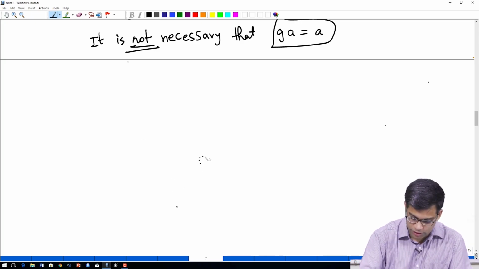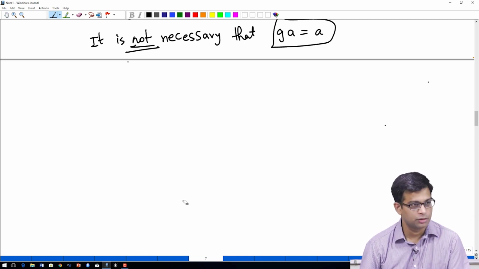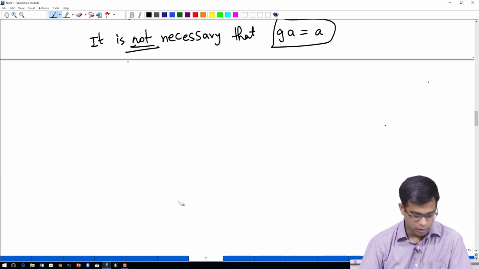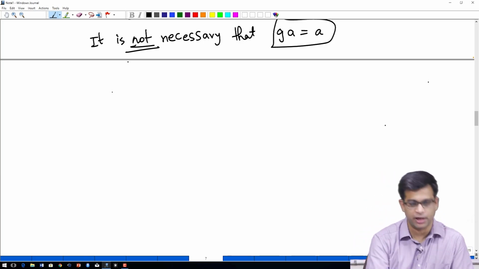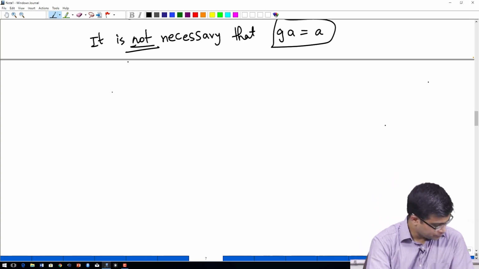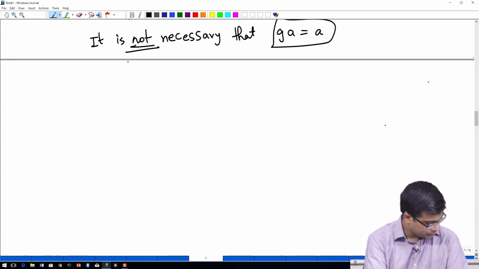So now let us go back to the general situation. G is a group acting on itself by left multiplication, and I have extended that action to subsets of G. Now let us look at the following situation.